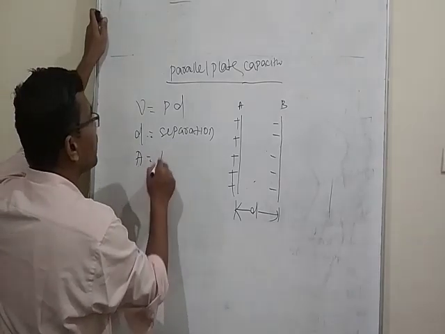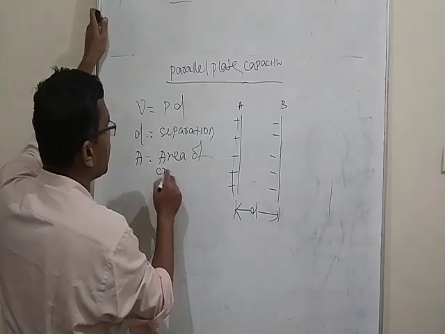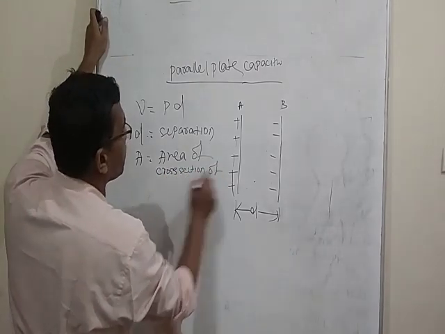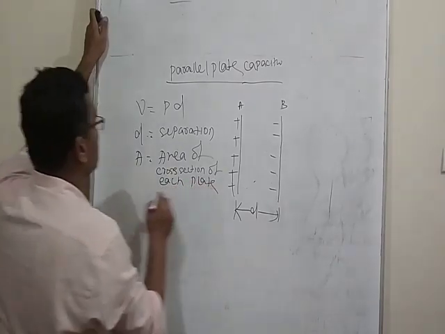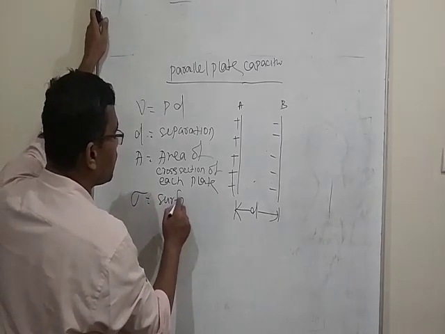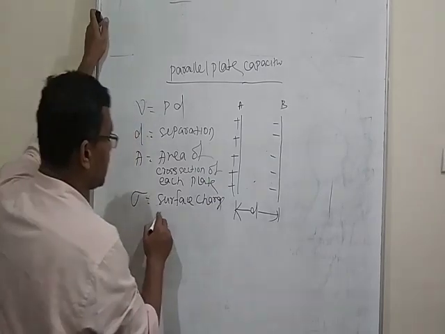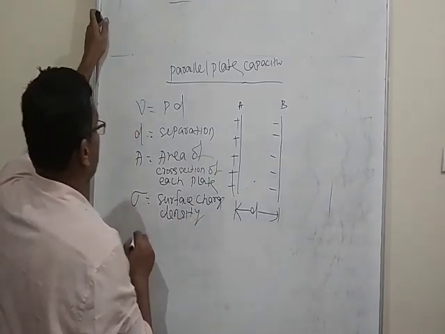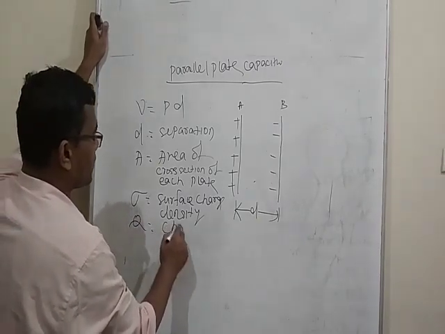and A is the area of cross section of each plate, sigma is the surface charge density, and Q is the charge.